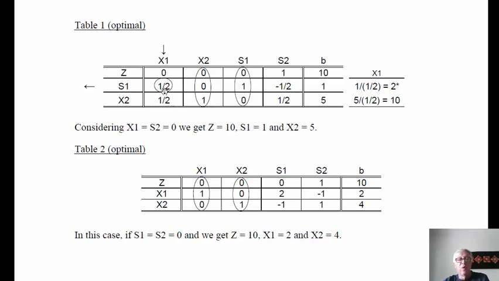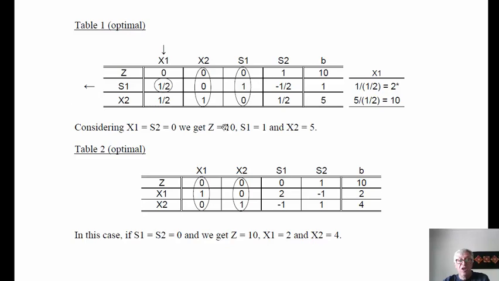And to do this, we test what happens if we decide to include x1 in the base. So including x1 in the base is simply transforming this column into a unit vector. So to do this, we just need to evaluate the values that x1 will assume in the next iteration. And we need to choose the lowest possibility. So S1 must leave the base.